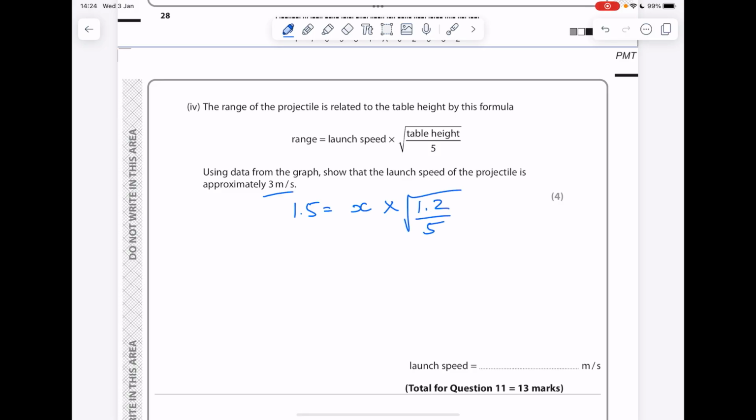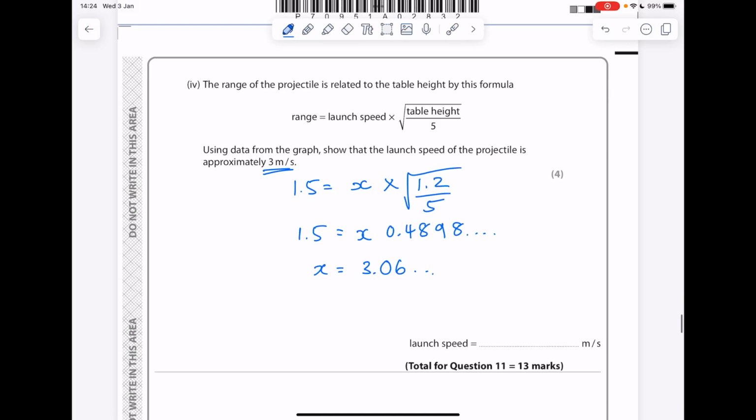So put all those numbers in the right place. We're being asked to find the launch speed. So I'm going to start by doing 1.2 divided by 5, square root my answer. Don't round that number too soon. And then divide 1.5 by that answer to get 3.06. And happy days, look, that is approximately 3. So I know that that's correct.